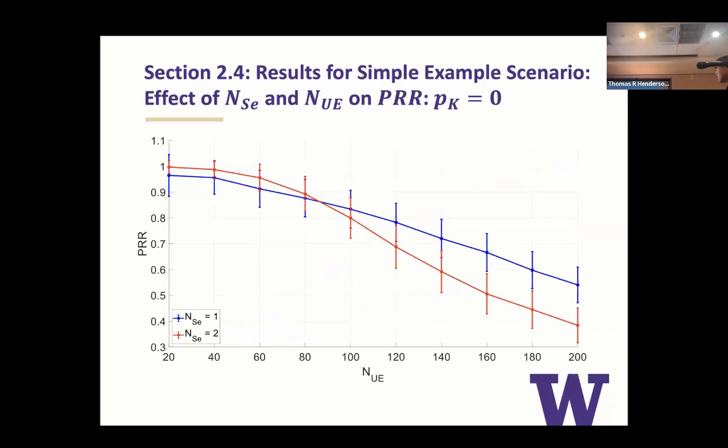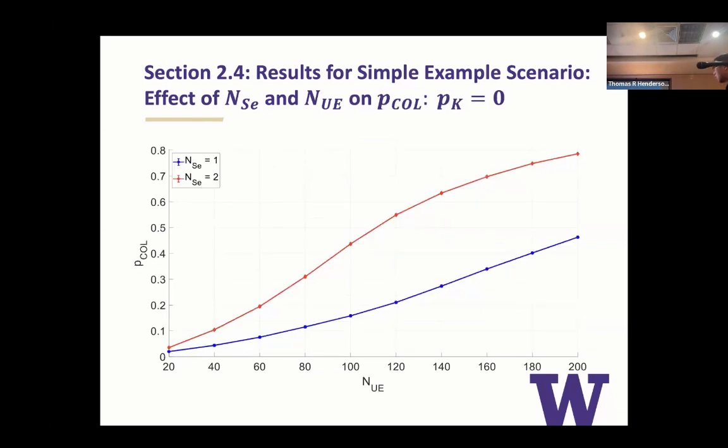Yeah, we focus on the impact of NRC on PR. So under different NUE, when we increase NRC, the collision probability with NRC equal to 2 is always higher than the collision probability with NRC equal to 1.